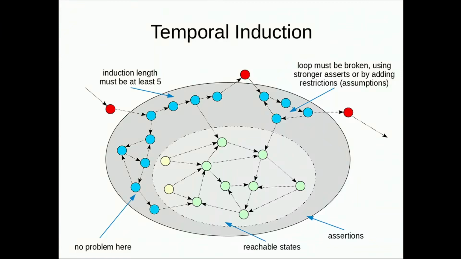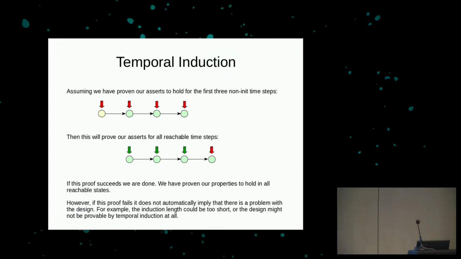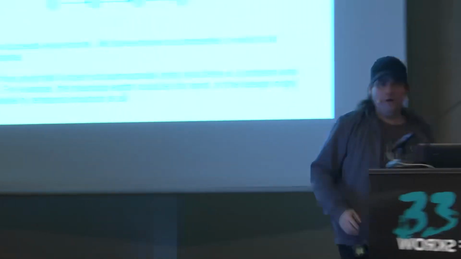So if this kind of thing works and tells us, well, your design seems to be fine, then everything is good. But this might tell us I can't do this proof. I find a counterexample. And now this counterexample can mean, well, maybe my assertions are violated somewhere deeper in the state space.